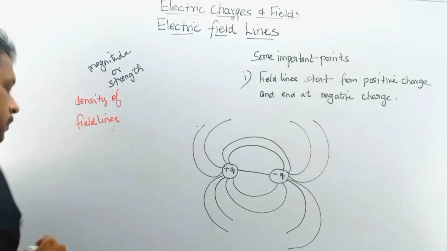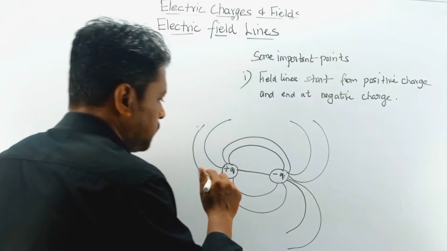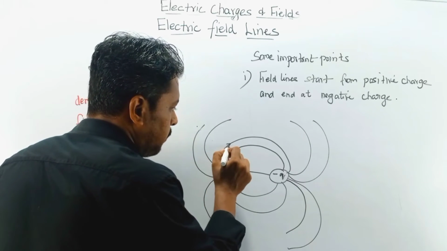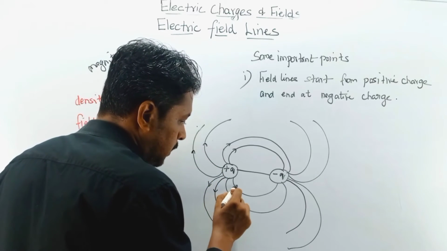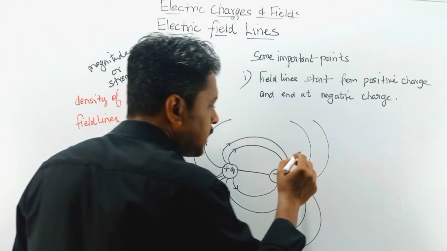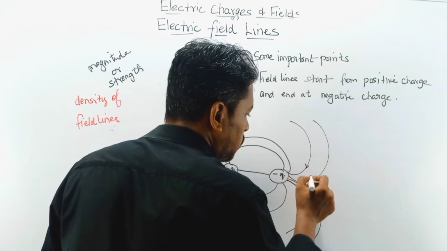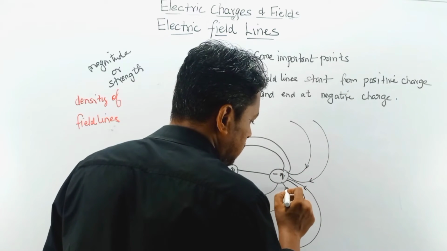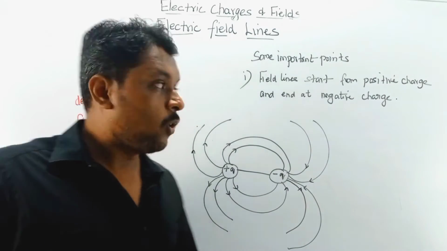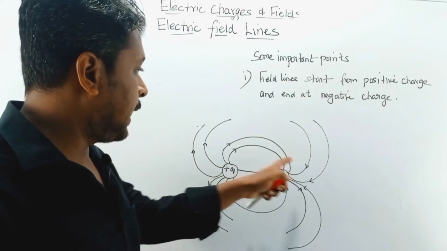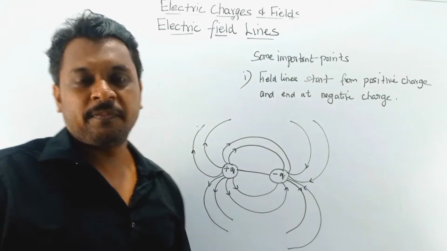From the positive charge, the field lines move in the radially outward direction. You all know that. Nearer to the negative charge, they end towards the negative charge. So this will be the direction of the electric field. Always the field lines start from positive and end at negative charge. So this is the representation.